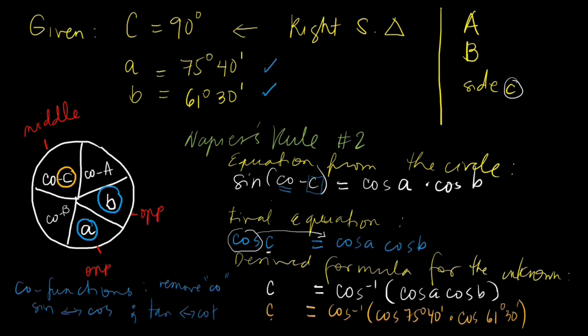Then input 75 degrees DMS, 40 minutes DMS, close parenthesis again. Then multiply it, open parenthesis, cosine.